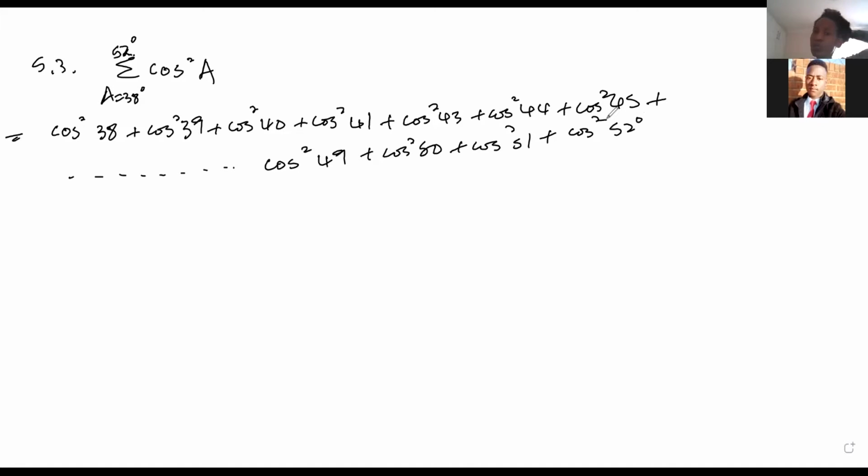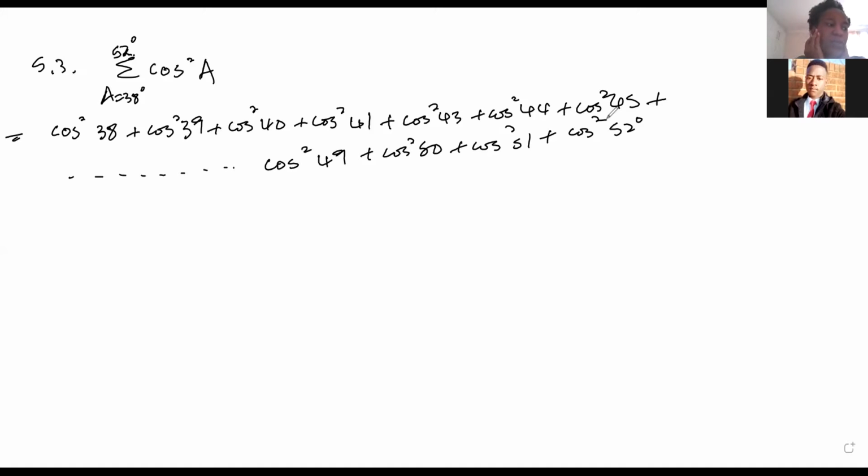Okay, so this is what the sigma notation implies. So you are adding all these values from 38 all the way up until the last one, which is cos squared 52.